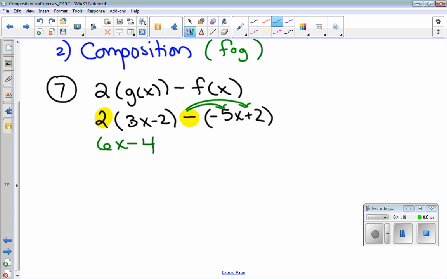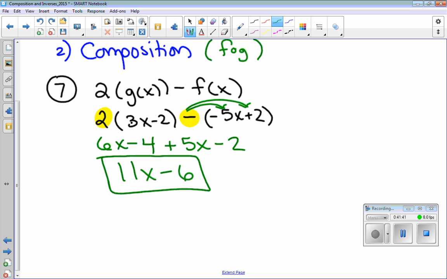Is there a plus or a minus there? Okay. 5x, and then what? Very good. Okay. Am I done? Shamar, am I finally done? Why not? I got to add like terms. Okay. So I'm going to add the 6x and the 5x, and the negative 4 and the negative 2. That's done. Think you can do that?